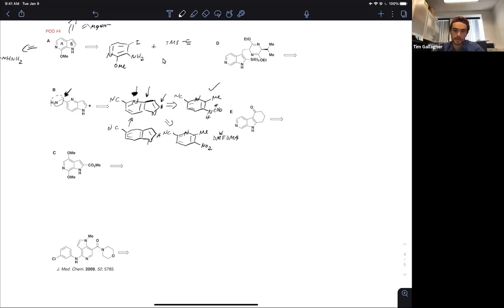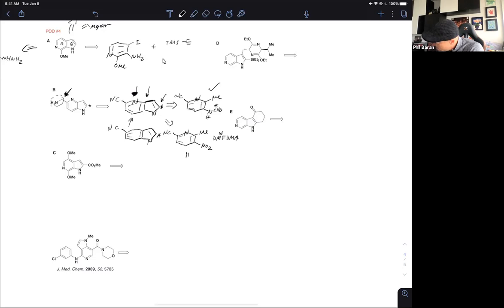How many steps would it take to make that, the nitropyridine? I don't think very many. Perhaps nitration of this is how they make it, and then conversion of that to the nitrile.